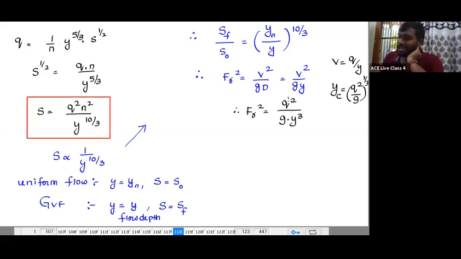So now, can I write this Q square by g as yc cube? Then from here, Fr square can be written as Q square by g is yc cube by y cube, and I can write yc by y whole cube. Yes or no?